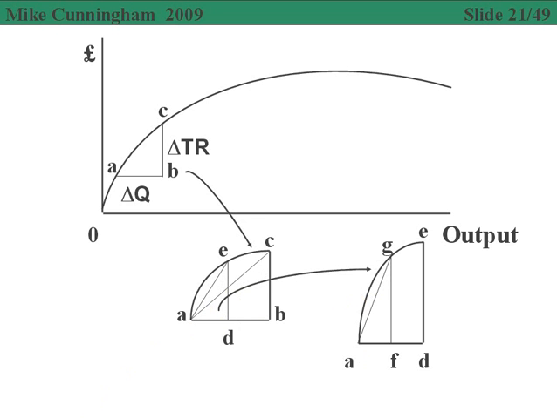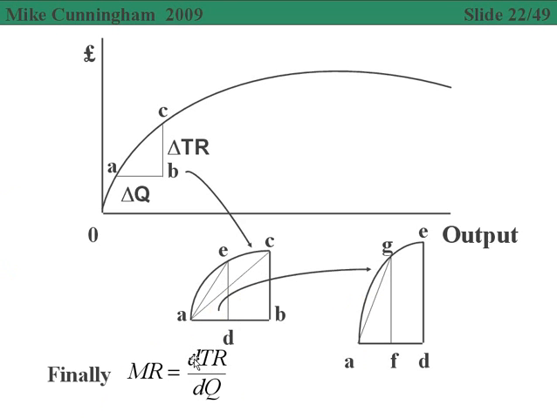So what we do in the end is we take a very, very small change in output and see what the associated very, very small change in total revenue is. And the marginal revenue then will be D, not delta anymore, not the triangle, D now.